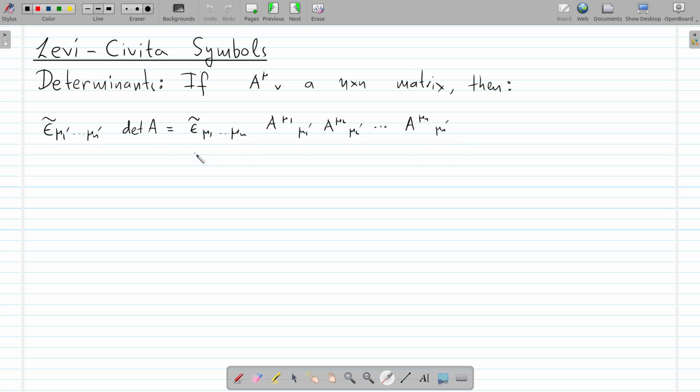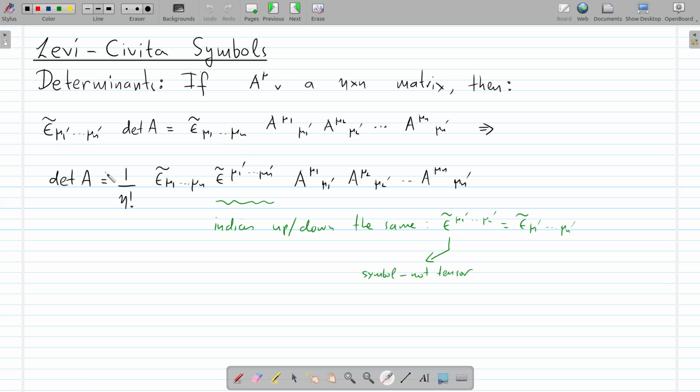So what you see here is we sum over the indices of the rows of the matrix and consider all possible permutations of those, and multiply here essentially by the sign of the permutation. And what we are left with is the determinant, but up to a sign. And the sign is determined by the permutation of the indices mu1 prime through mu n prime, and given here by the corresponding Levi-Civita symbol.